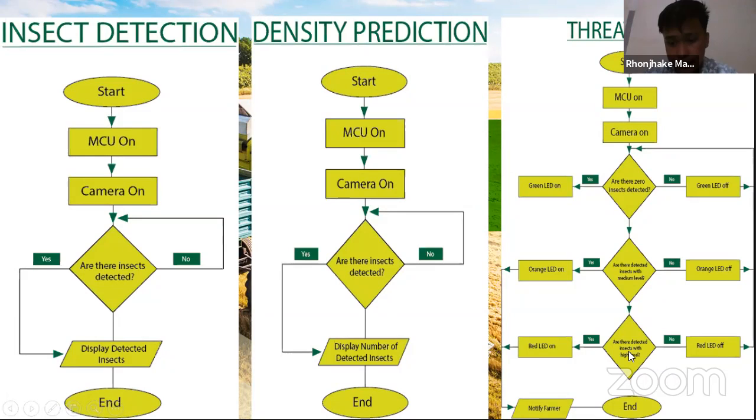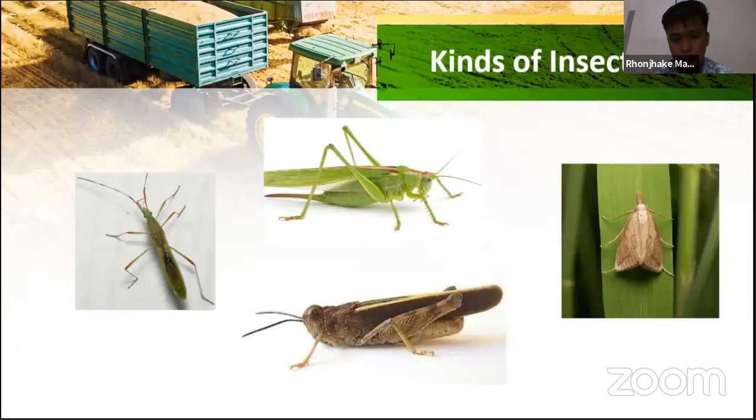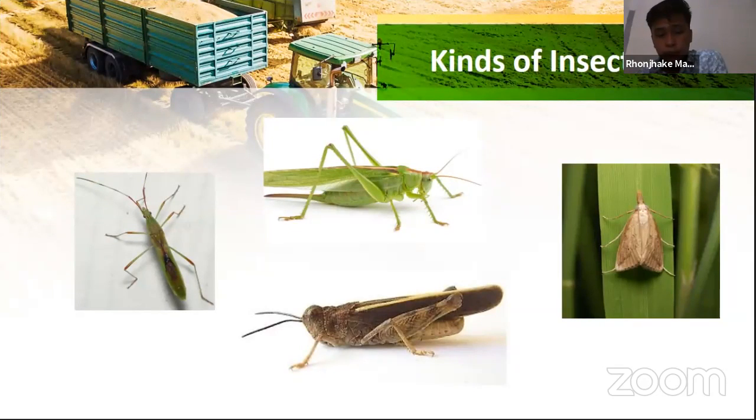Next is when the camera detects a high level of infestation, the red LED will turn on, then also send a message to the farmers that there is a high level of infestation in that field. The kinds of insects in this study are based on 4 common insects found on the rice farm: the grasshopper, the shorthorn hopper, the rice stem borer, and the rice bugs.